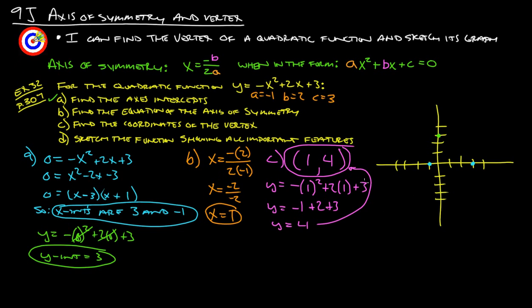Now we can take a look at the axis of symmetry, which is at x equals 1. So let's draw ourselves a nice little dotted line right here. There's your axis of symmetry at x equals 1. And then your vertex is at 1, 4. So that gives us plenty of information to sketch our graph. It should look something like that.